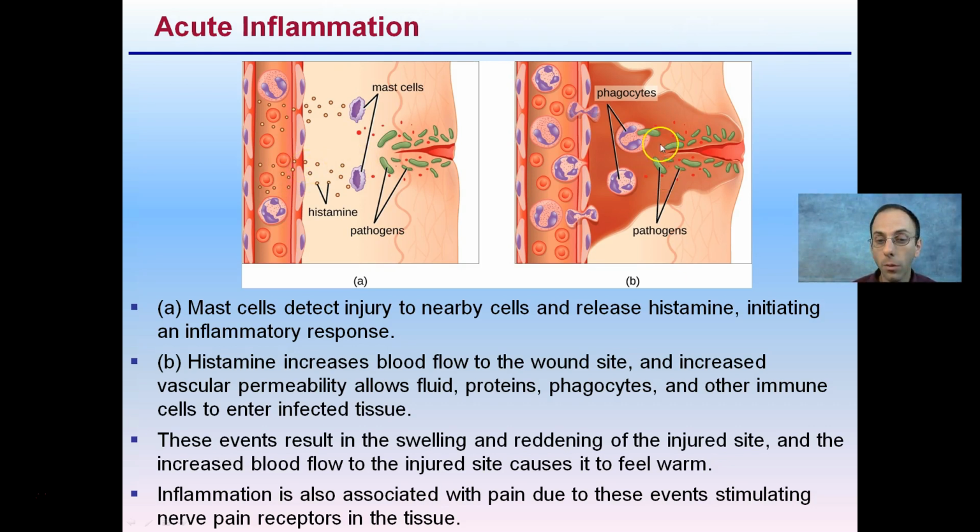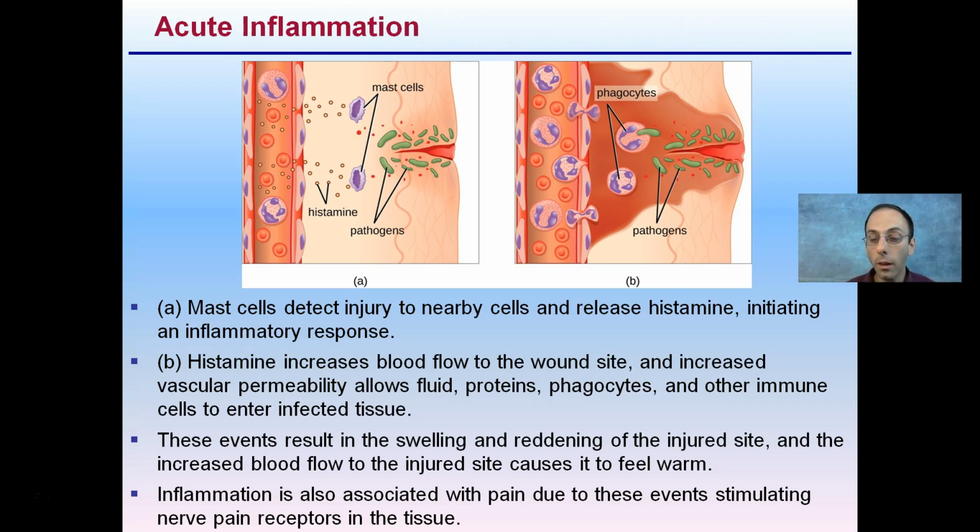Histamine increases the blood flow to the wound site. We see an increased amount of redness and increased vascular permeability, allowing fluid, proteins, phagocytes, and other immune cells to enter infected tissue. These events result in the swelling and the redness of the injury site due to the increase in blood flow. They can also feel warm if we ever have that injury occur.